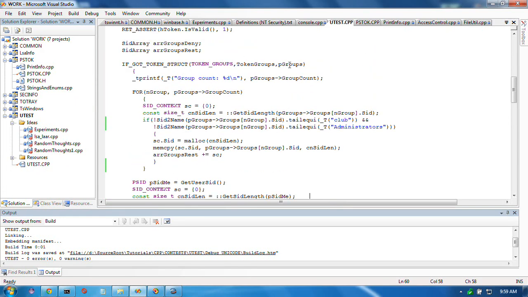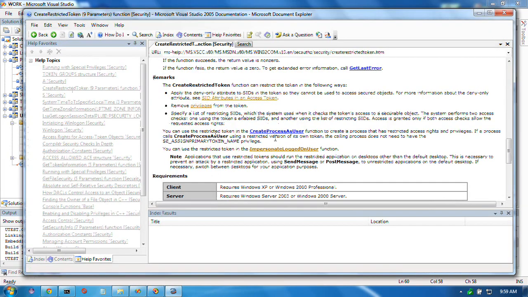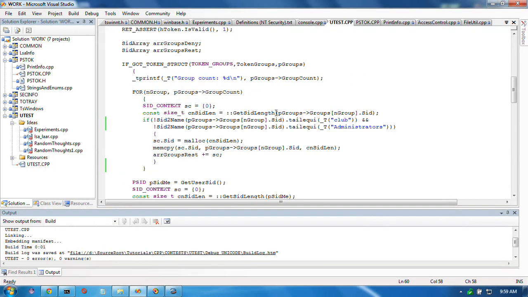I was just walking through the groups part, right? What I wanted to demonstrate was that one could restrict access without having to revoke anything, only by adding things to the restricted list.